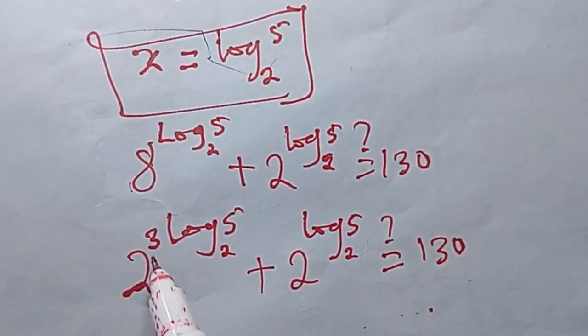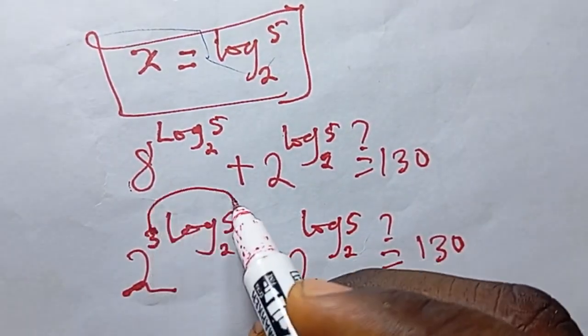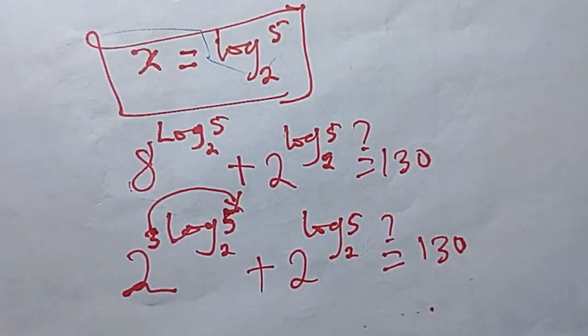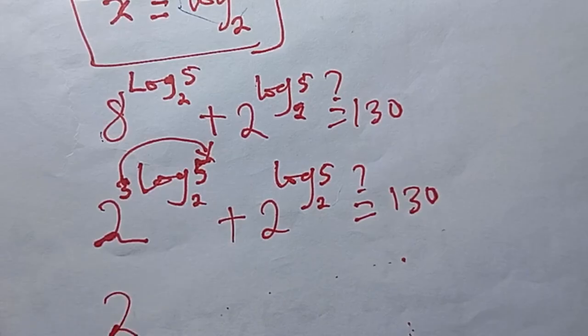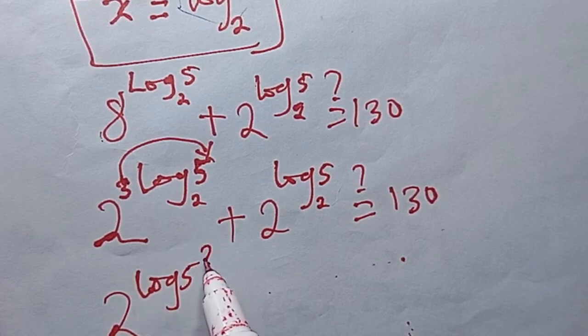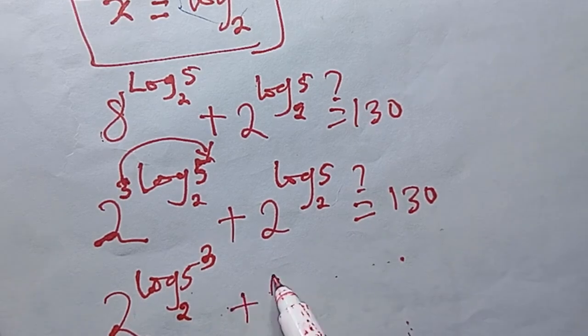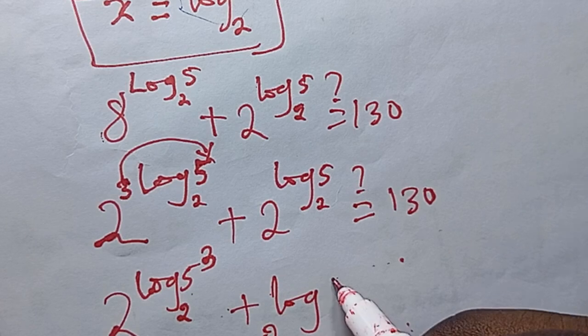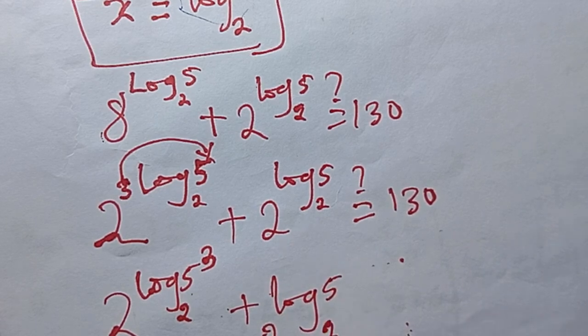Moving on, I'm actually going to take this 3 to the power of log 5 over there. So if I do that, I'm going to have 2 power log 5 base 2, all to the power 3, plus 2 power log 5 base 2.